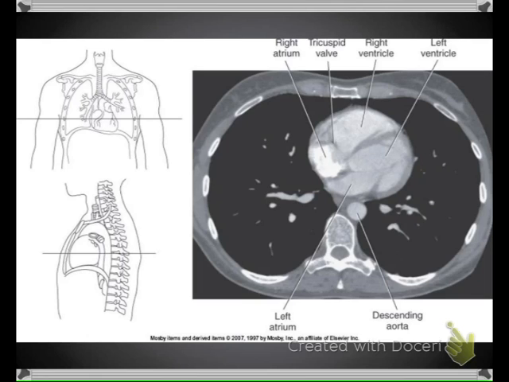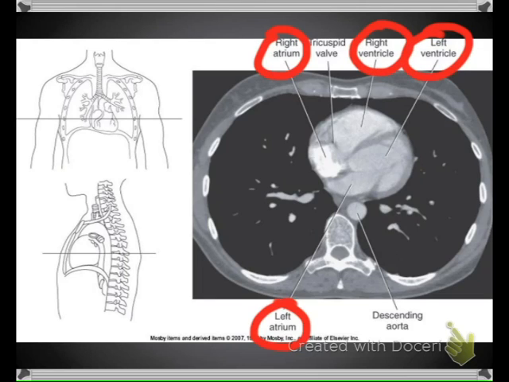Also, we do see that we have the right atrium here, the left atrium, left ventricle, and the right ventricle. If we look between the ventricles, we see that we have this big line here.